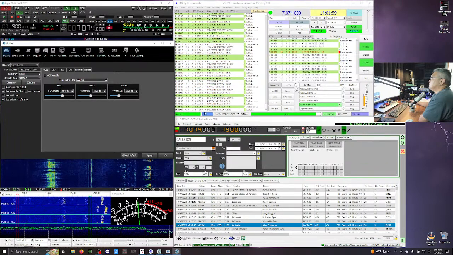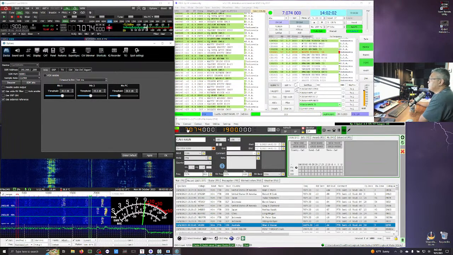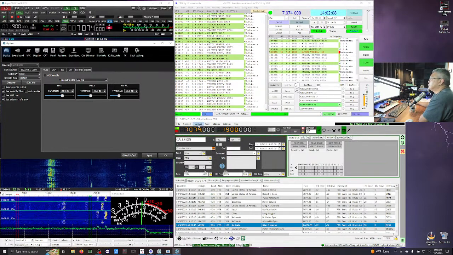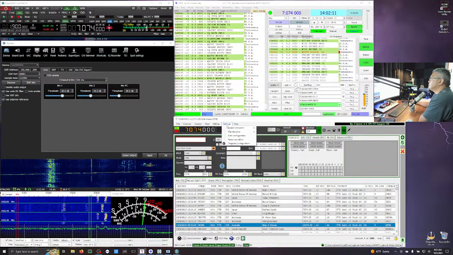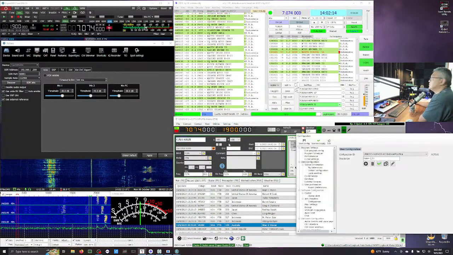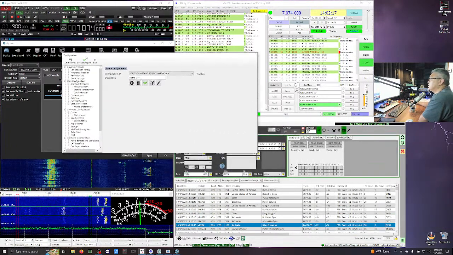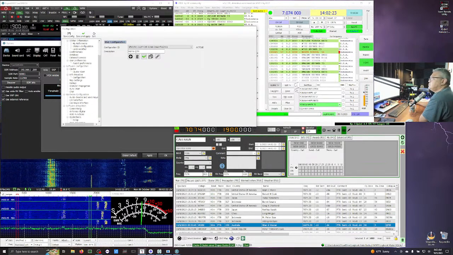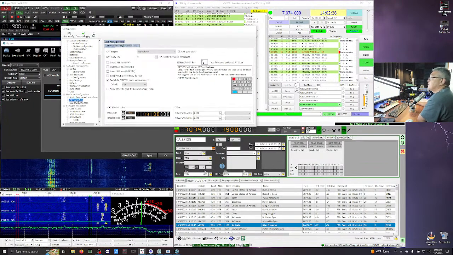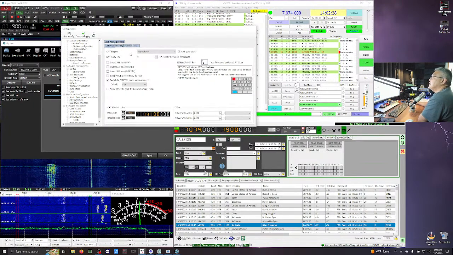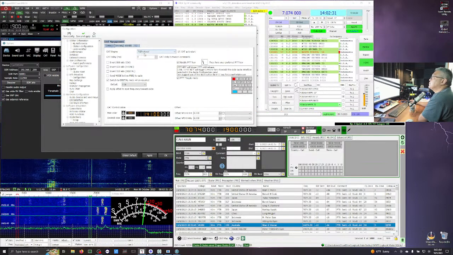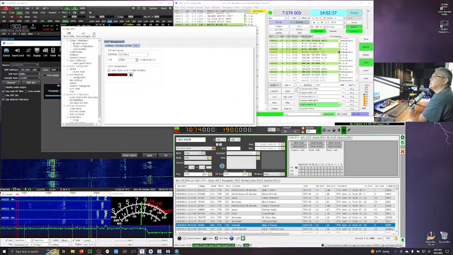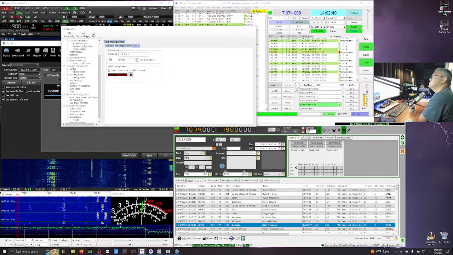And then just to connect to the logging program, you see how you have the frequencies here? It matches the frequency on the radio. I'll go to settings. Is it settings? Program configurations. I'll move it up here. Oh, excuse me. Go to CAT interface. Under the settings tab, choose TCP protocol, and then go to the TCI tab here, and then you select this TCP address.